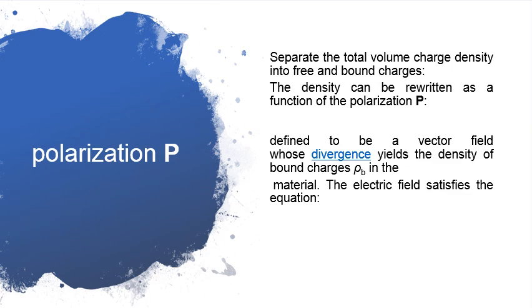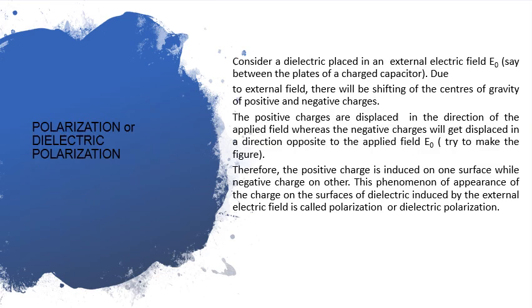The polarization arises on the plate's surface of the dielectric material. If we consider a dielectric material placed in an external field E0, for example, we are assuming the initial field is E0 between the plates of a capacitor. Now, due to the external field, there will be a shifting of the center of gravity of positive and negative charges.